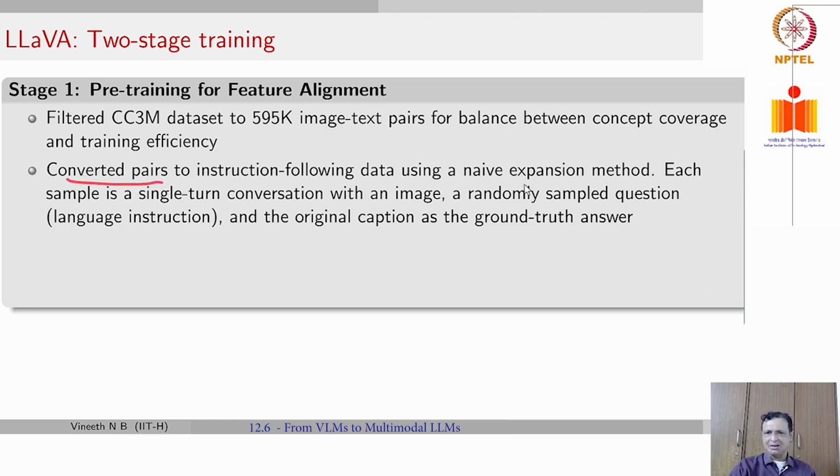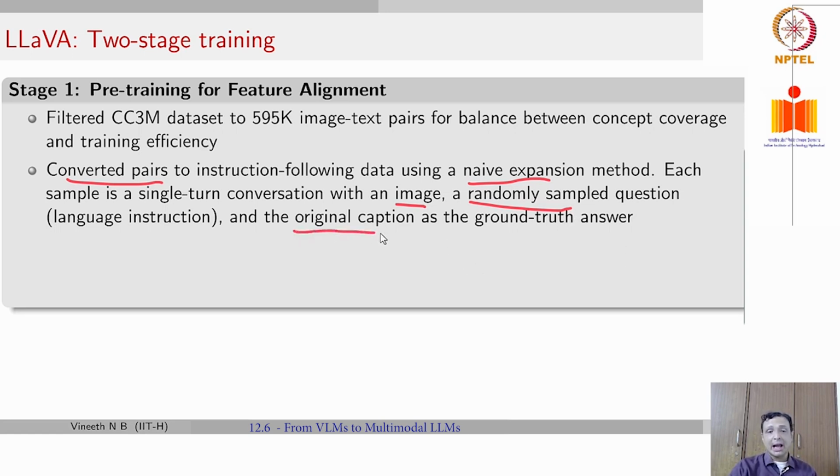They converted these image-text pairs to instruction following data. What does that mean? They approached this using a simple expansion method. For every sample, they converted it to a single-turn conversation, which means given an image, they randomly sampled a question, which is a language instruction. A question could be, can you tell me something about this image? That could be the question that's posed to the LLM.